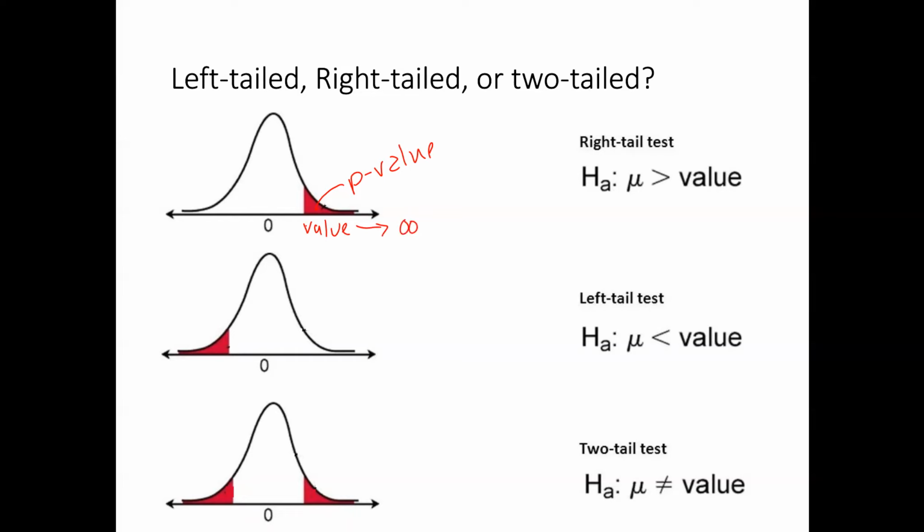If our alternative hypothesis contains less than, mu is less than a value, then the p-value is right here, and it's the probability from negative infinity to whatever that value is.